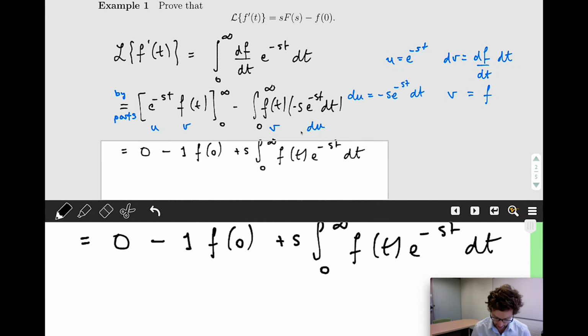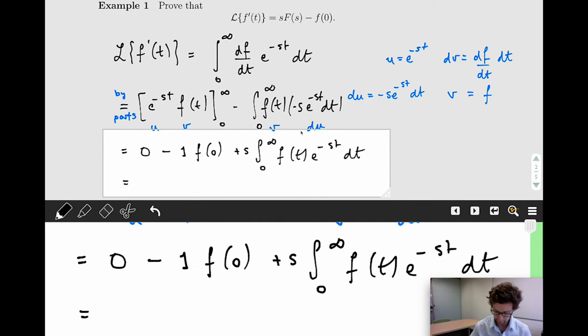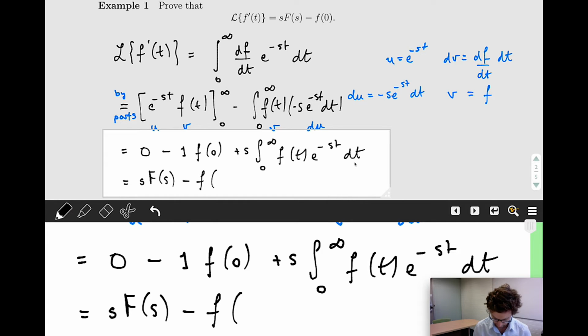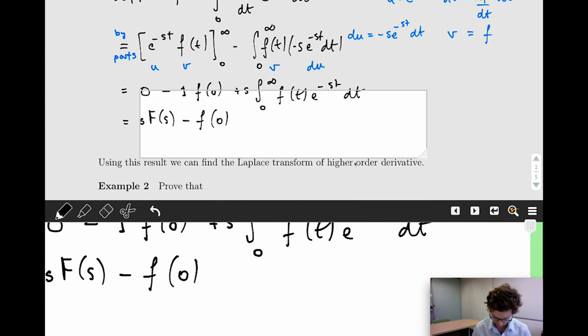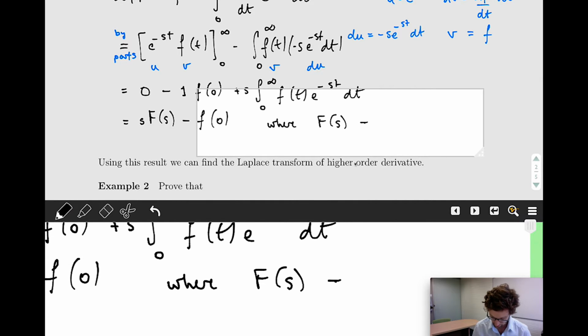So we recognize that term there, s times this integral here, is exactly s times the Laplace transform of f, and we're left with minus f(0). So here we've used F of s is the Laplace transform of f of t.